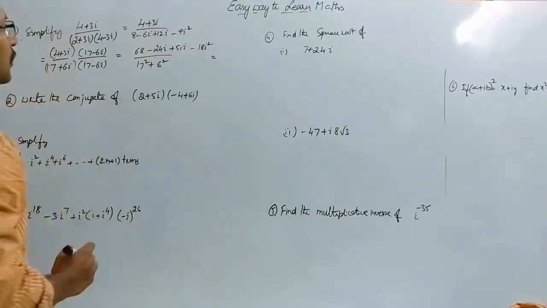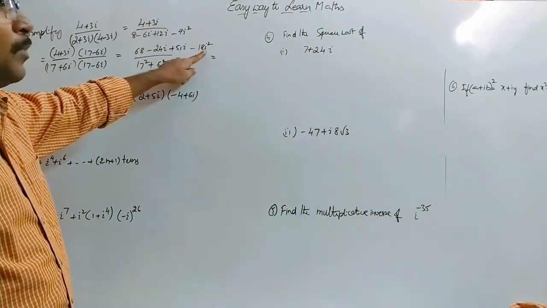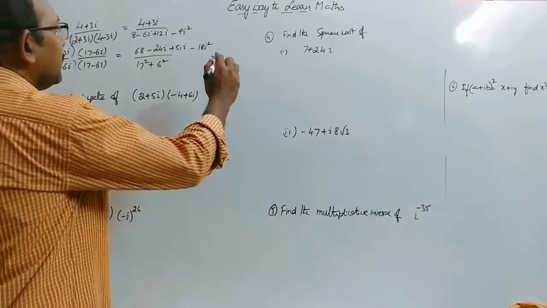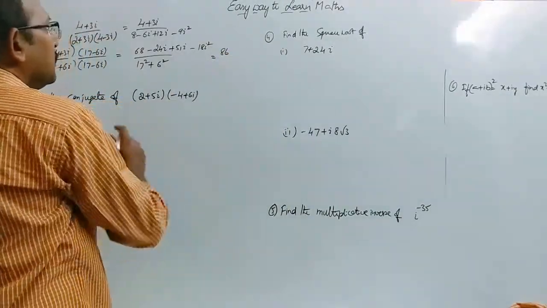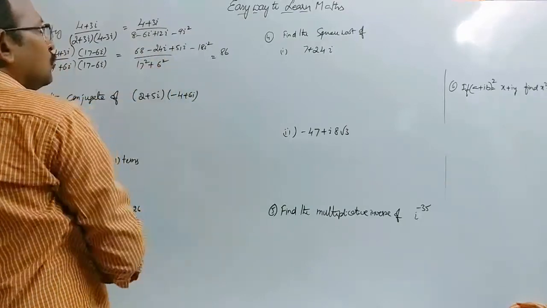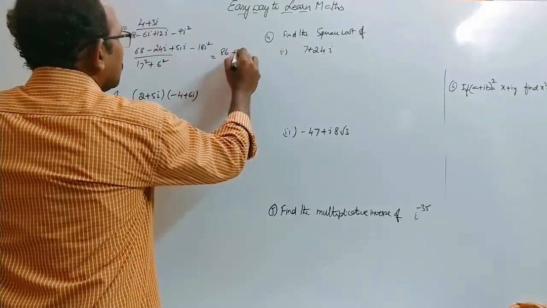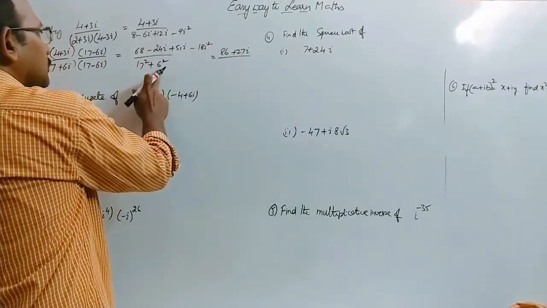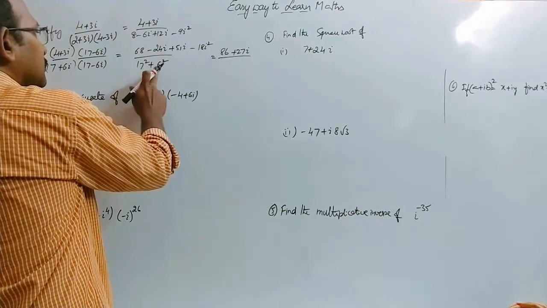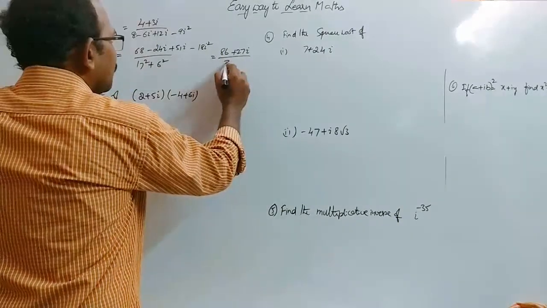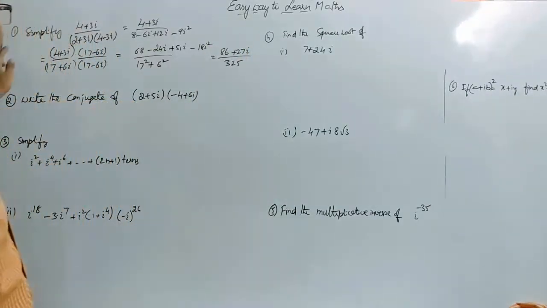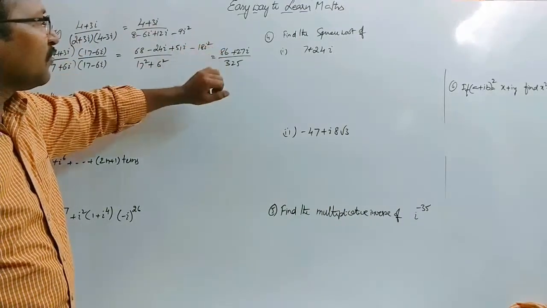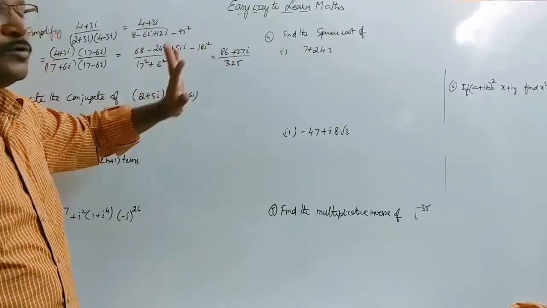Therefore, that is equal to, and here also i square is minus 1, minus into minus is plus, 68 plus 18, here 86, and here plus 51 minus 24, therefore 27i, over 17 square plus 6 square. 17 square is 289 and 6 square is 36. Therefore 325, which is the simplified form of this given complex number. Therefore here a is 86 by 325 and b is 27 by 325.